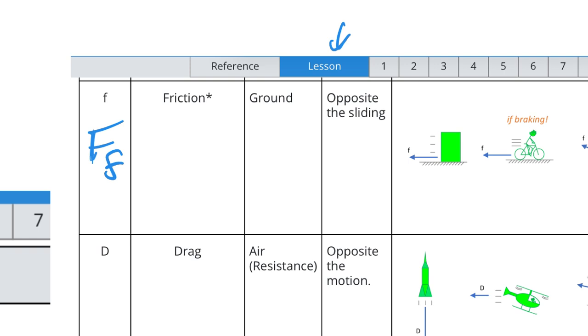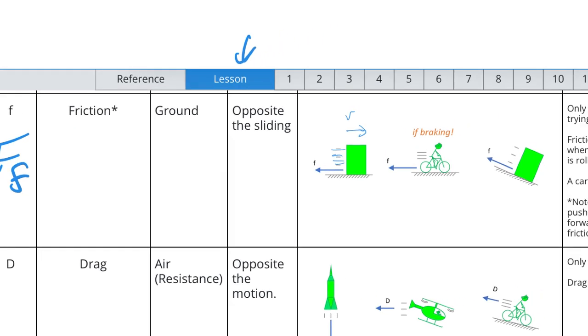Okay, so the object's moving towards the right in the first picture here, so friction has to be acting opposite of that.